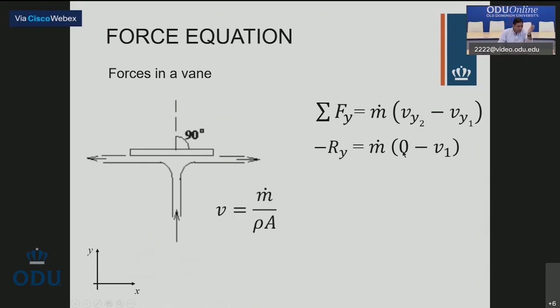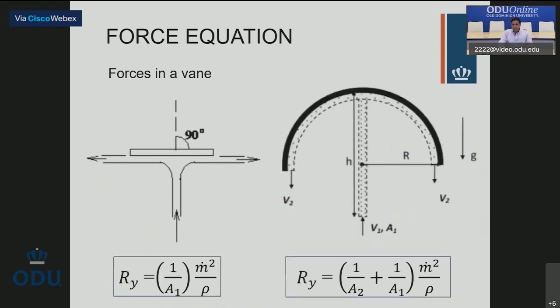Using the velocity equation, I get that Ry is m dot squared divided by density and area. These equations are similar to the ones I showed you before. Summarizing: if it is a plate, the equation is Ry equals 1 over area times m dot squared over density. And the other one is the sum of the inverse of areas times m dot squared over density.